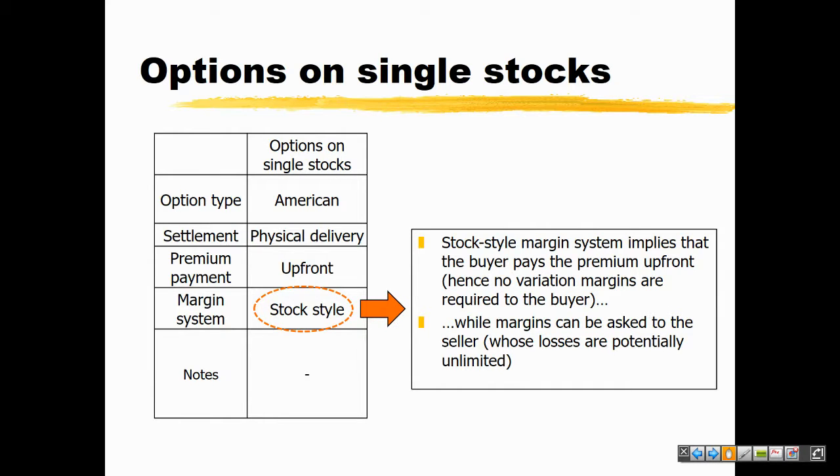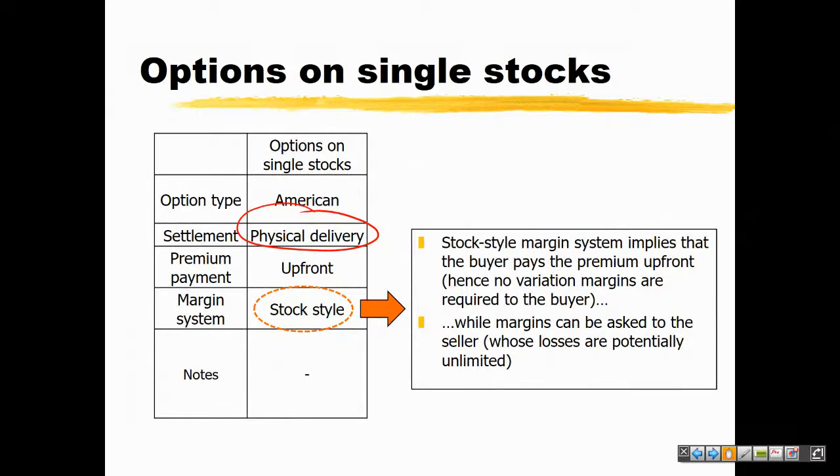From the point of view of settlement, it's important to notice that it works with physical delivery. So with options on individual stocks, you have the physical delivery of the underlying. If I buy a call on Pepsi Cola, strike $10, and at maturity, or before maturity, I exercise the option, I get one Pepsi Cola stock and pay $10.